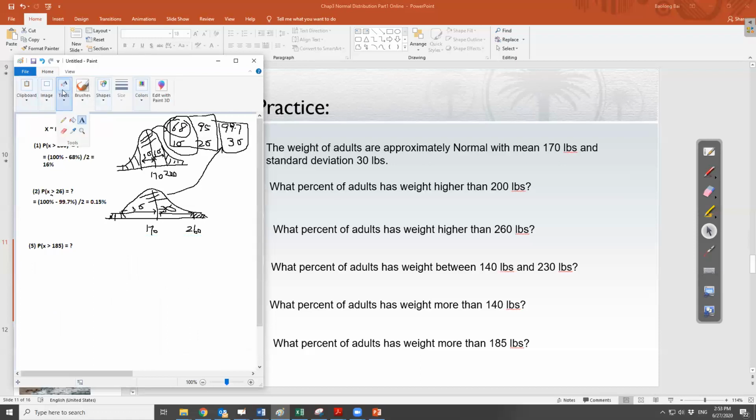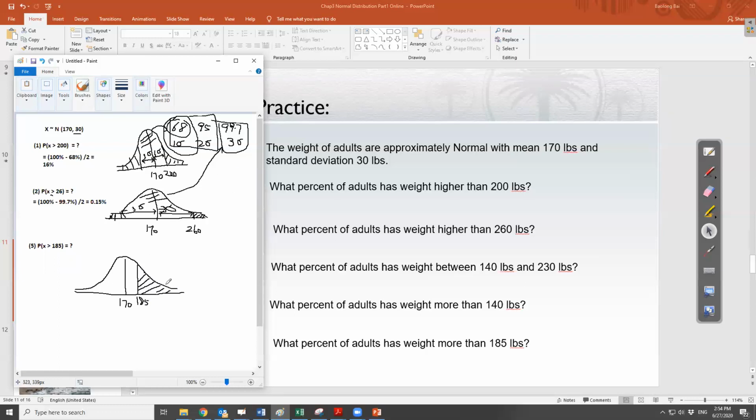All right, so if you draw a density curve, just like what we did earlier, mu is 170, and sigma is 30, and they're looking for a boundary of 185. And they're looking for the probability to the right with a greater than sign, right?